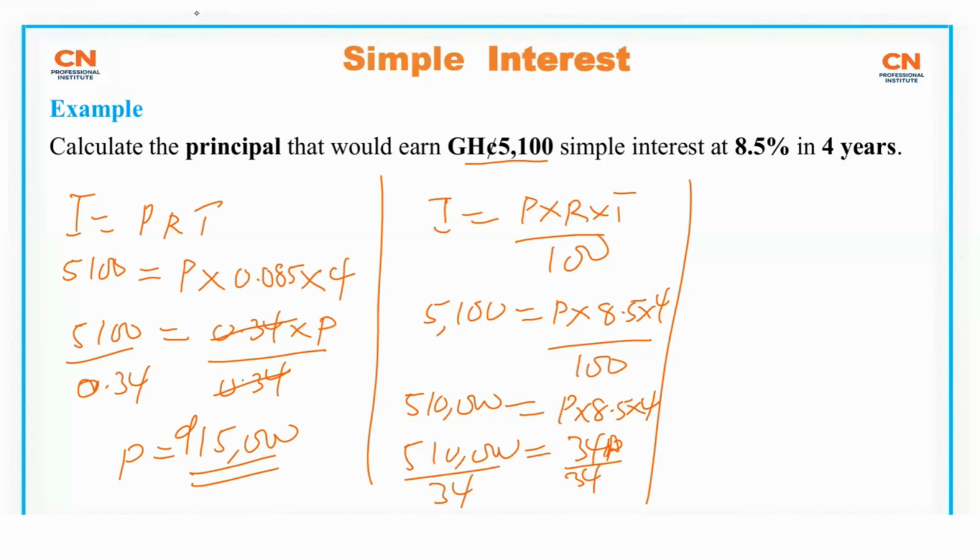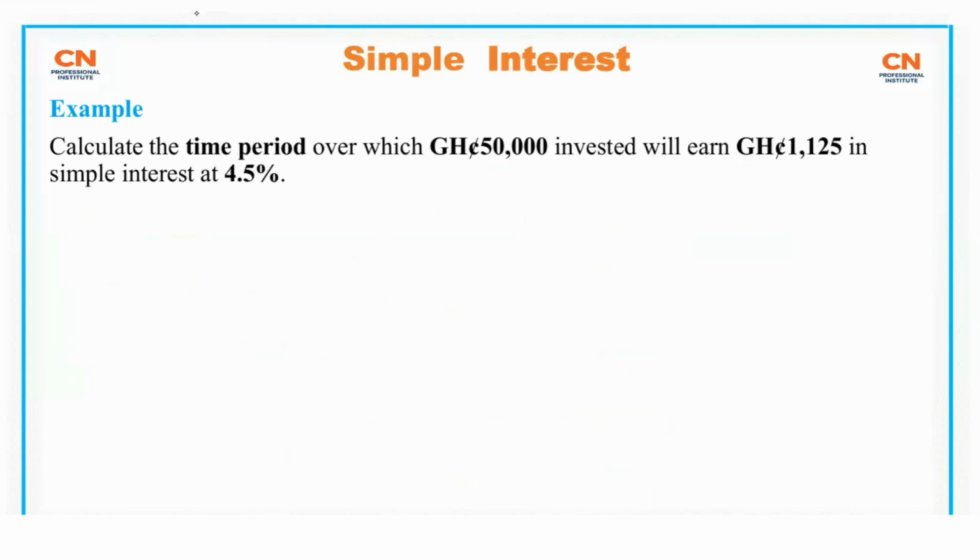So we are going to have 510,000 divided by 34, which gives us P to be the same 15,000. So this is the principal. All right, so in this question, we've been given the interest, the interest rate and the years, and then we are asked to calculate the principal.